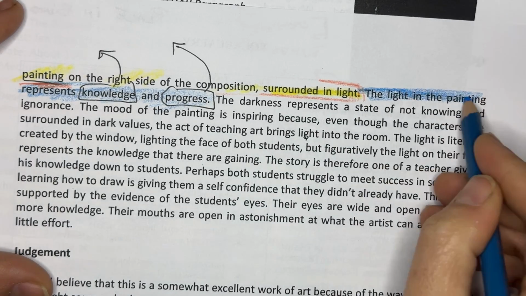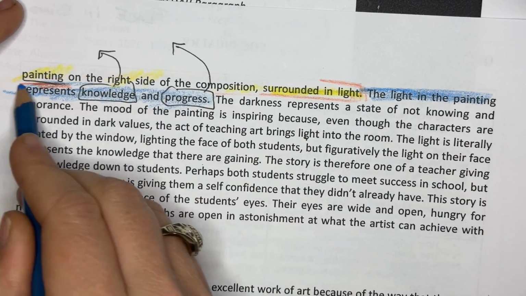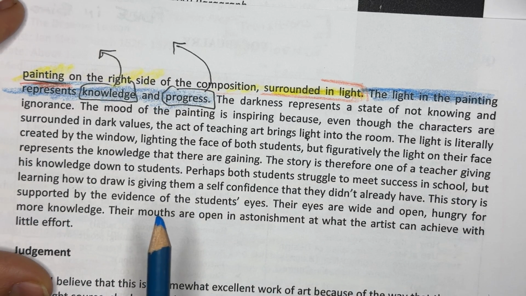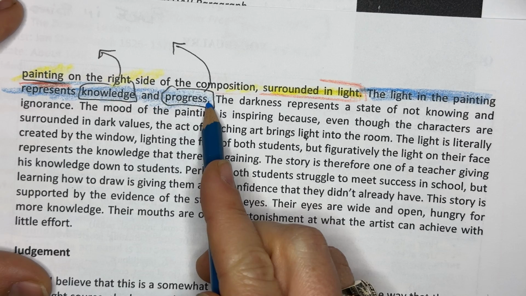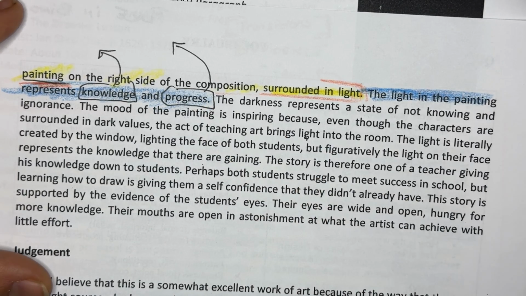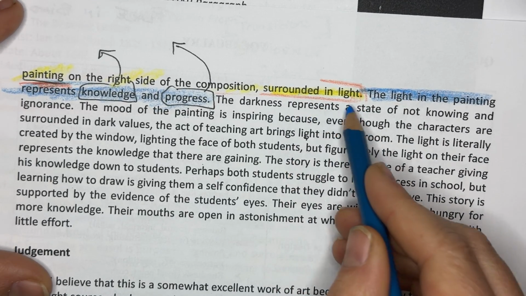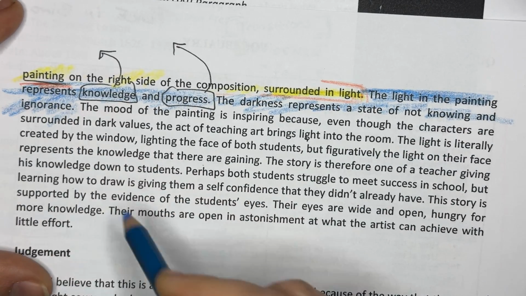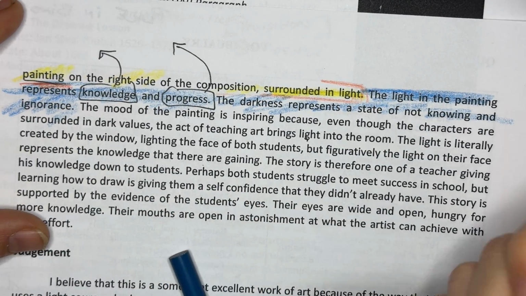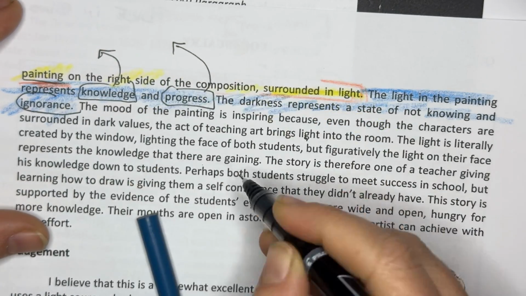And this is an opinion. Okay, so evidence, opinion. The darkness represents a state of not knowing and ignorance, right? So key ideas: ignorance, knowledge, progress.